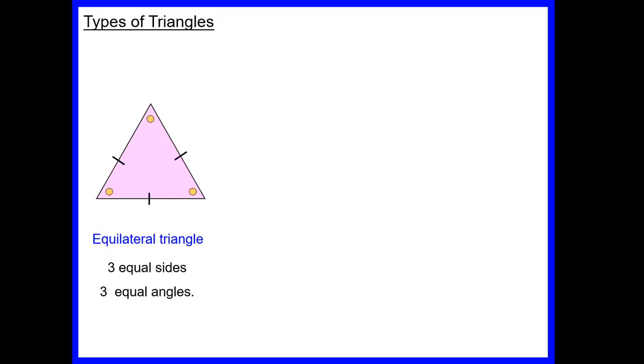Okay, so when we're looking at triangles then, there are three types of triangles that we need to consider. So our first one here is called an equilateral triangle. The properties of an equilateral triangle is that all three sides are equal and all three angles are equal. Our second type of triangle is our isosceles triangle.